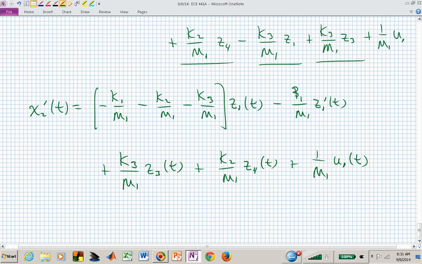But we don't want z's and z1 primes. We need x's, and only x's, and no primes on the right-hand side.